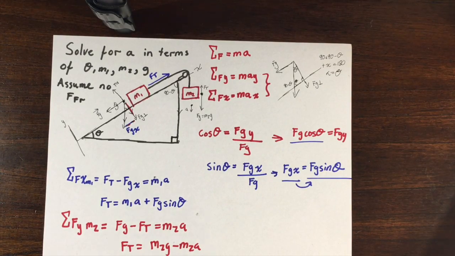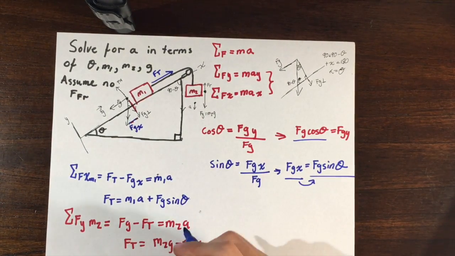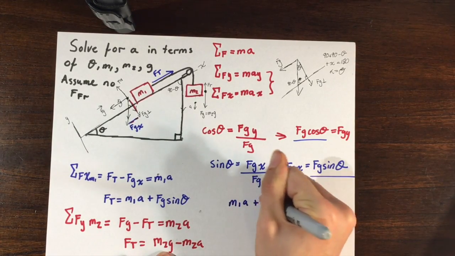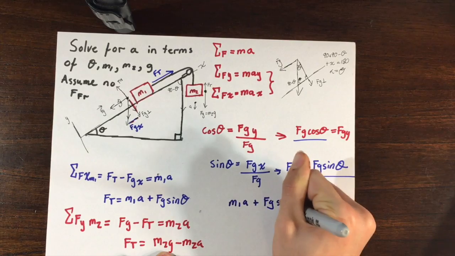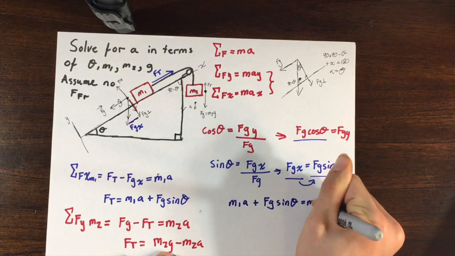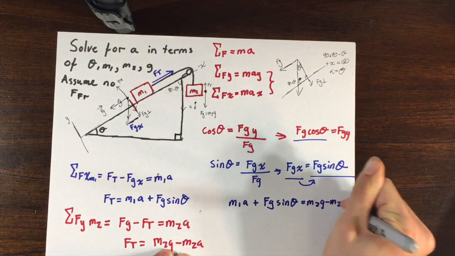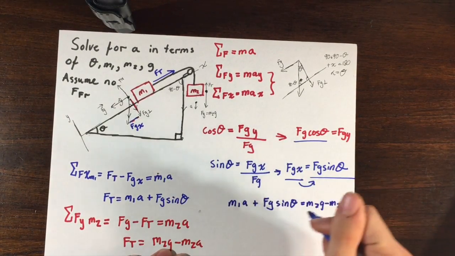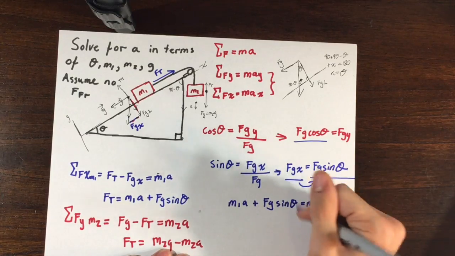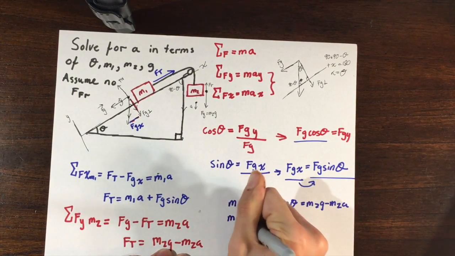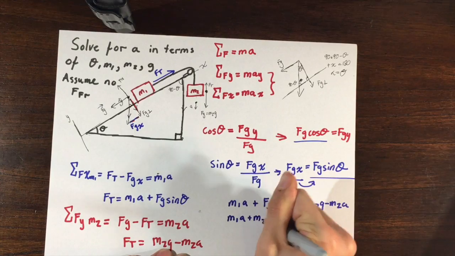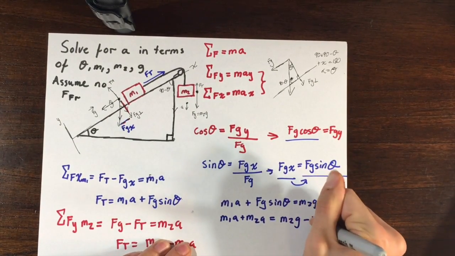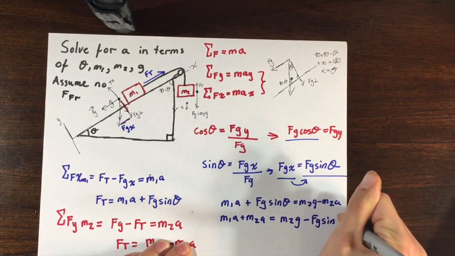Okay, so now we're going to set these equal to each other. So we have m1a plus Fg sine theta equals m2g minus m2a. And you want to put the components with the acceleration a together and g together. So you have m1a plus m2a equals m2g minus Fg sine theta.